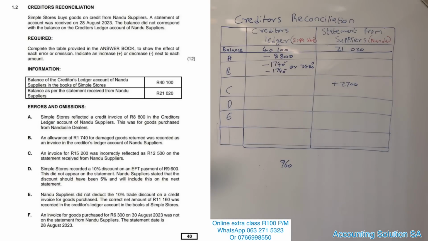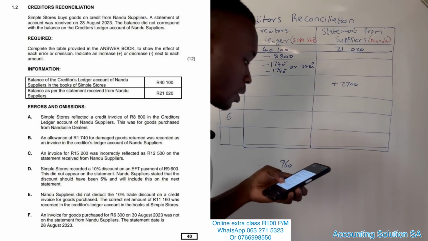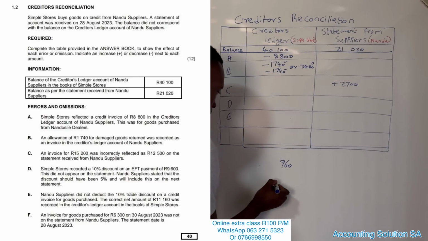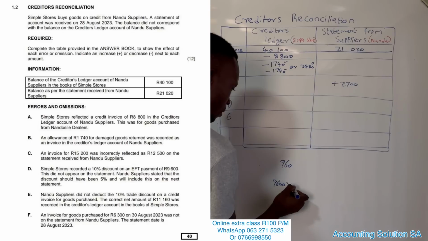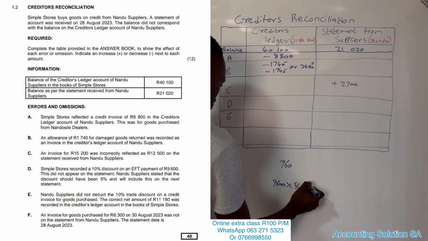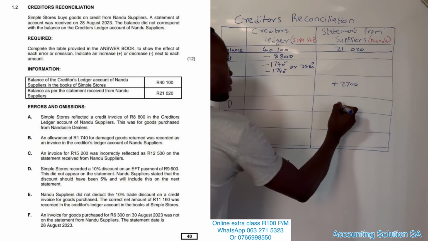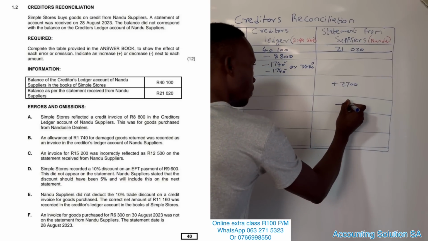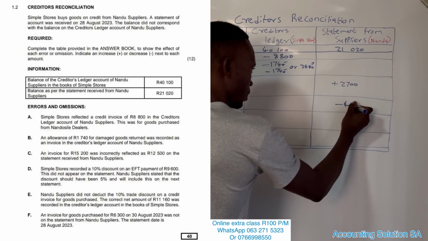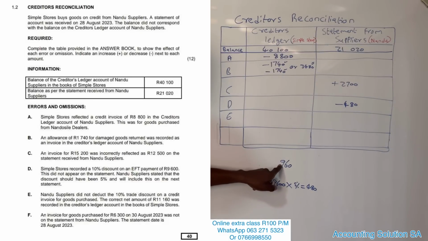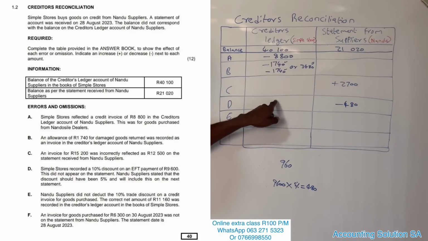Remember, in our supplier's books, it is not appearing at all, which means that 9,600 multiplied by 5% is going to give you an amount of 48. Because this is a discount, our supplier must reduce our debt by 48. But remember, in our business, we recorded how much? 960 here.